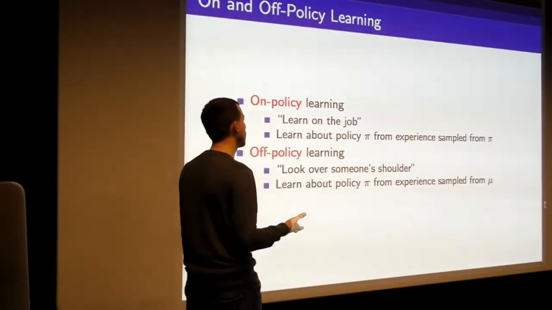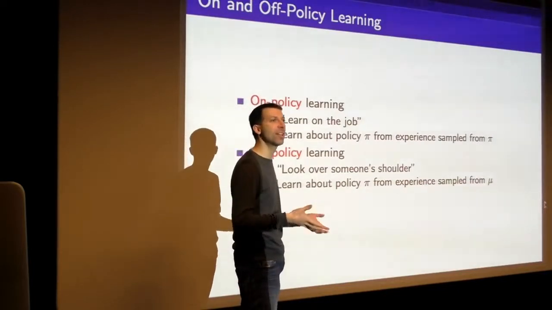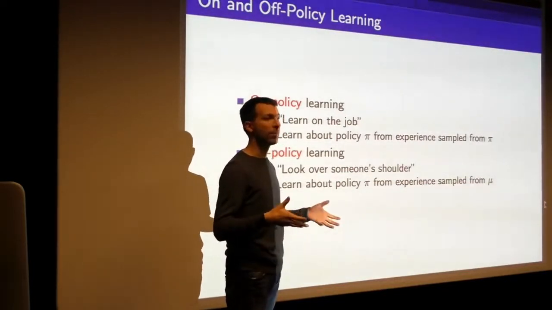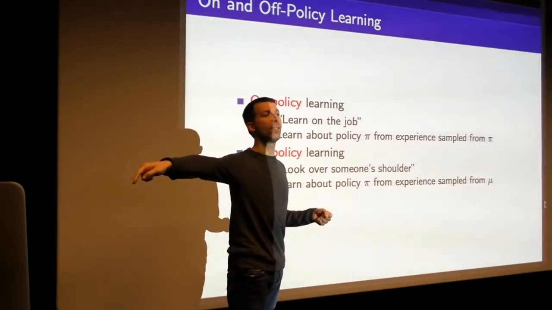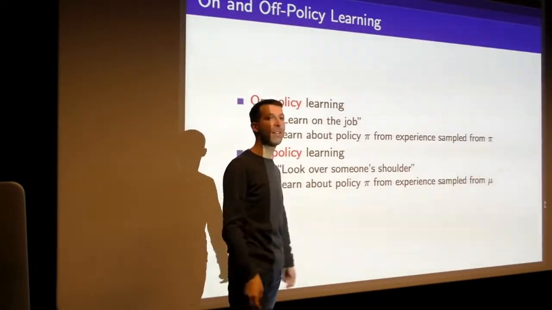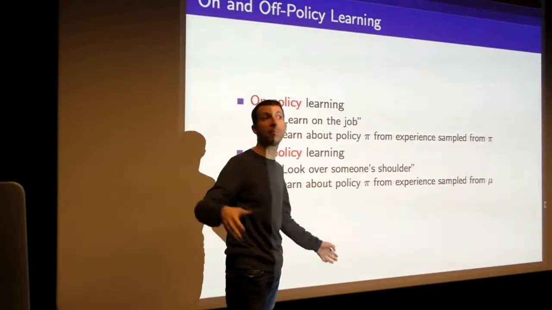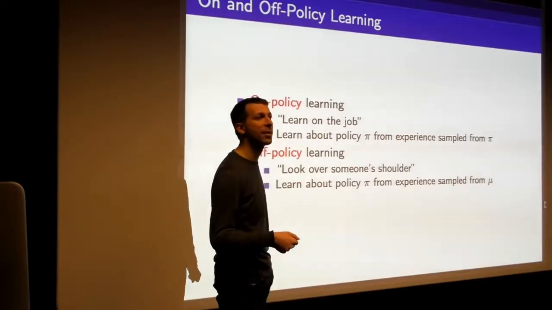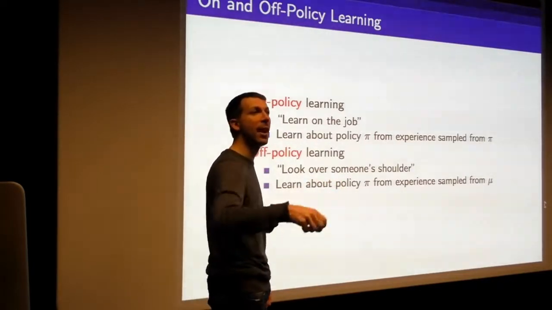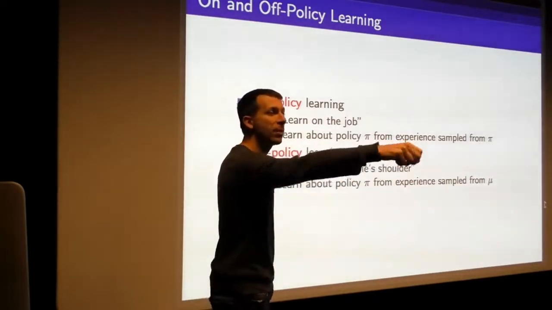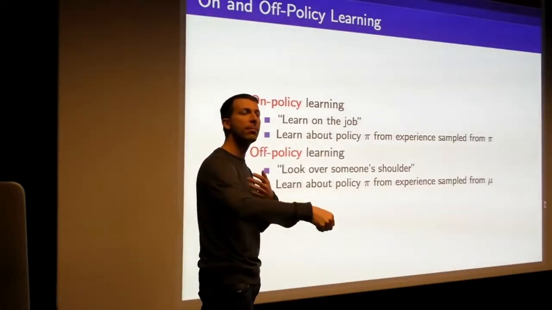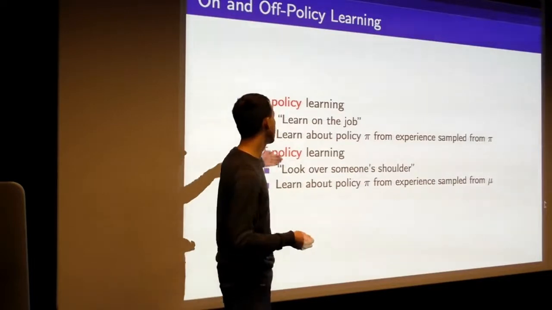We can also do off-policy learning, which you can think of as looking over someone's shoulder. You might have some robot watching some other robot walk around, trying to figure out the optimal behavior by just observing some other robot, or maybe even a human, behave. So maybe a human gives some example demonstrations, maybe with a teleoperated arm, and the human says, this is how you should move this arm around. Now, just from the trajectories that have been sampled from the human behavior, we could do off-policy learning.